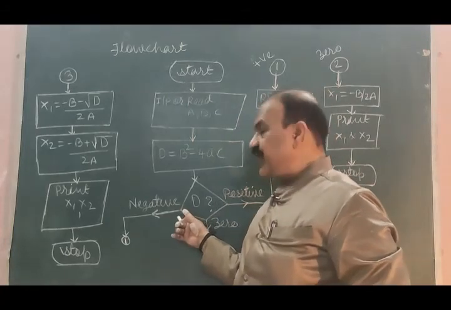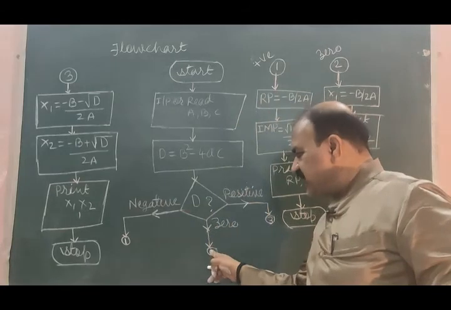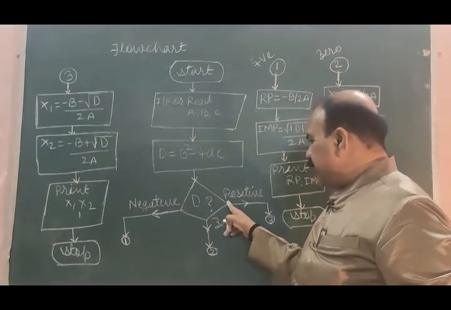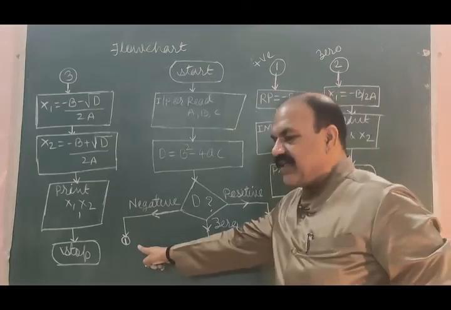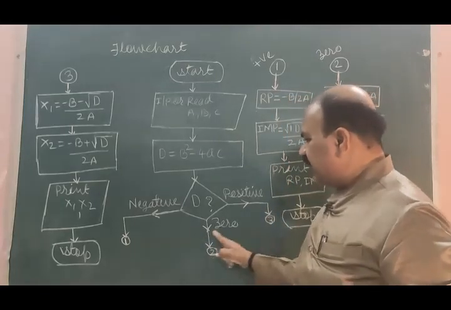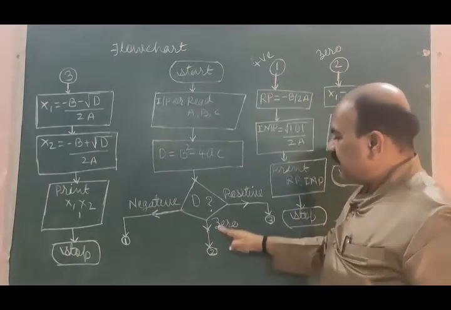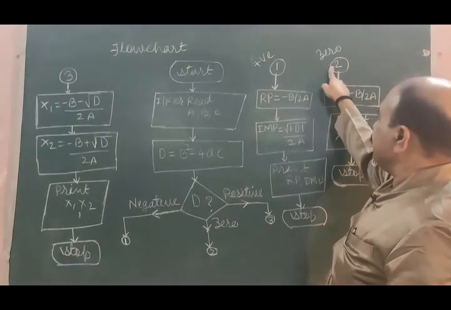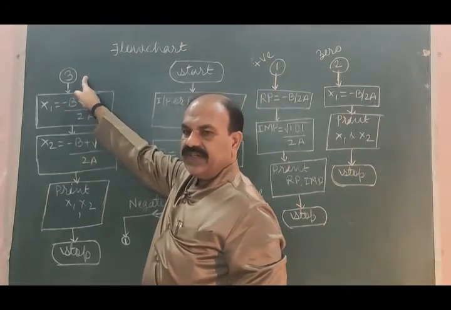If D is negative, it is taken to this direction. If D is 0, it is taken to this direction. If D is positive, it is taken to this direction. This is connector 1, connector 2, connector 3. Connector 1 is to be connected here. Connector 2 is to be connected here. Connector 3 is to be connected here.